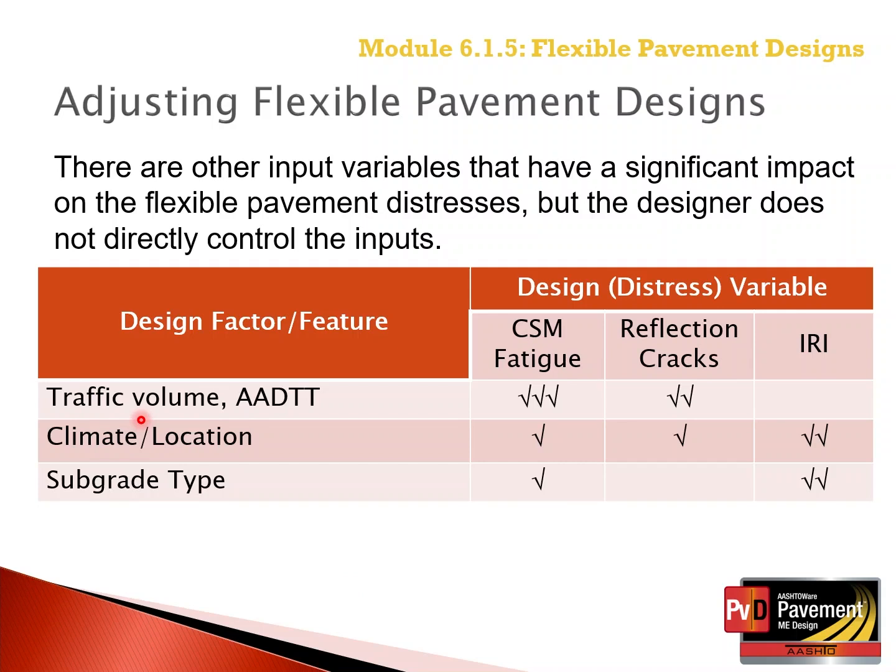And so they basically all have some type of an effect on the total amount of cracking on the chemically stabilized layer. There is a higher effect from the traffic on reflection cracking, but also a minor effect on reflection cracks. And then climate and subgrade type do have an effect on IRI from the site factor.